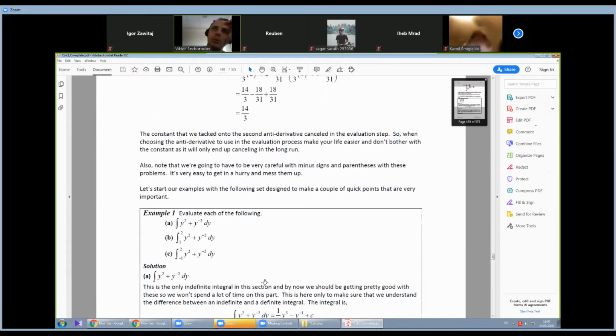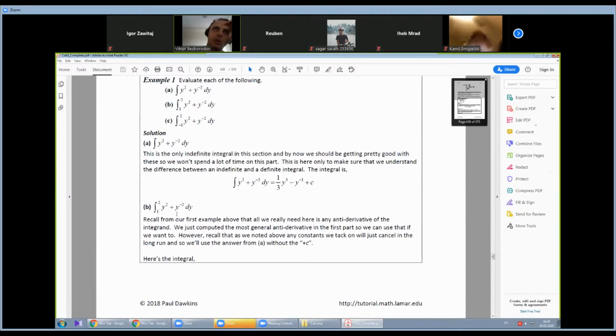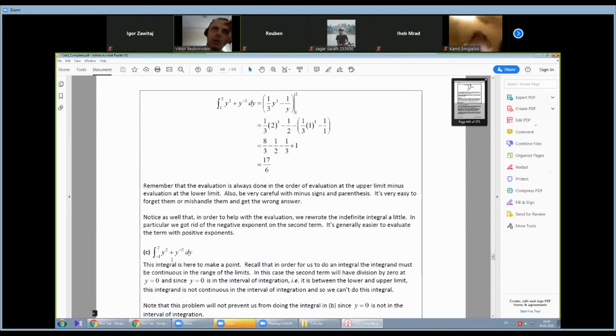And what do we see here? Well, we see that this term, y to the minus 2, is not continuous at 0. So, in fact, we cannot apply the fundamental theorem of calculus here.